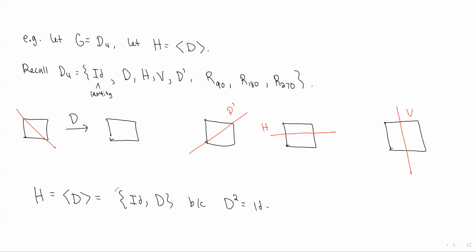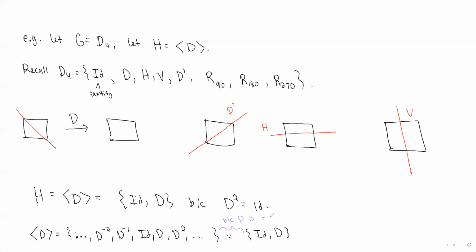So that's all there is in the subgroup. So I guess I could write that down. It's supposed to include all these powers of D, but really, if you look at all the powers, you just get the identity and D because D is a reflection.